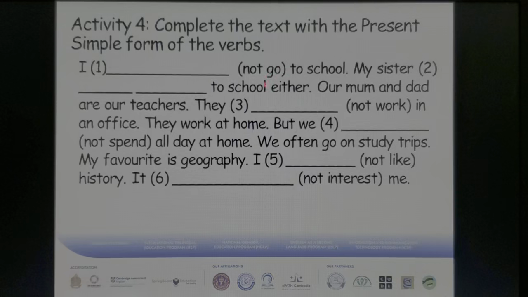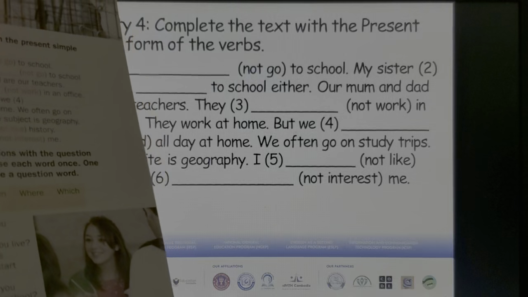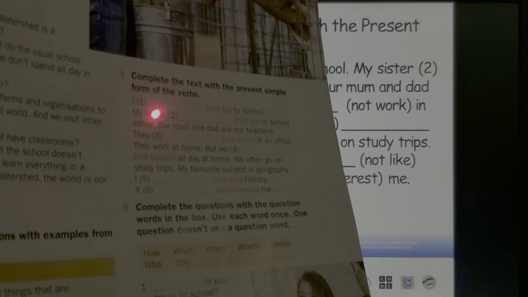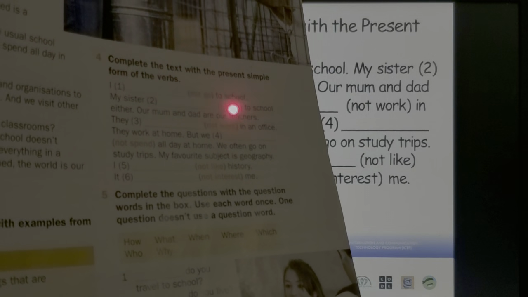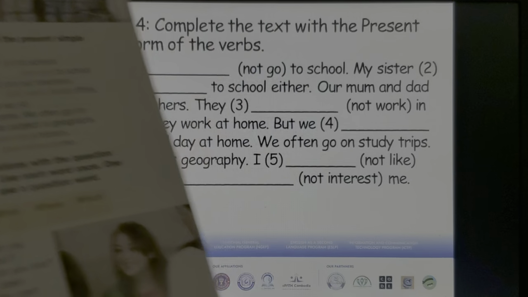Not go. Not go here means negative, right? So I do not go to school. My sister blank to school either. What else? That is in your textbook on page 35, activity number 4. So open your book and do it right now. Please do it.